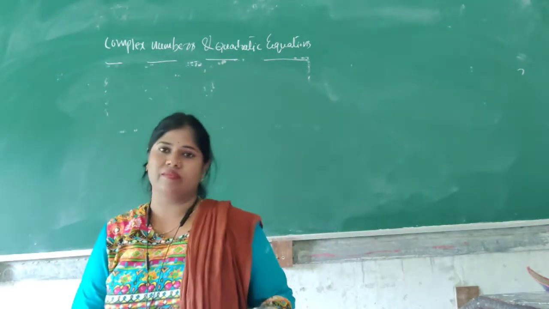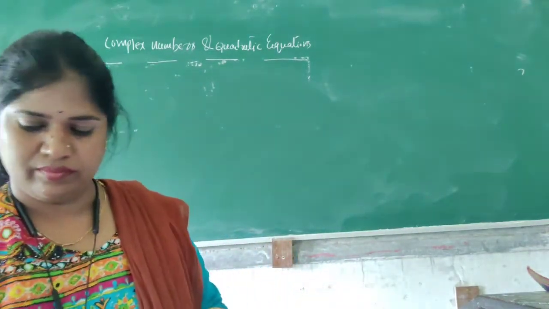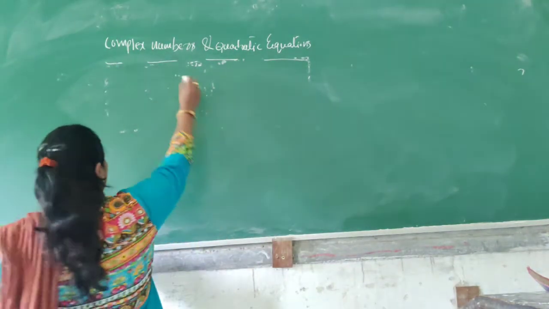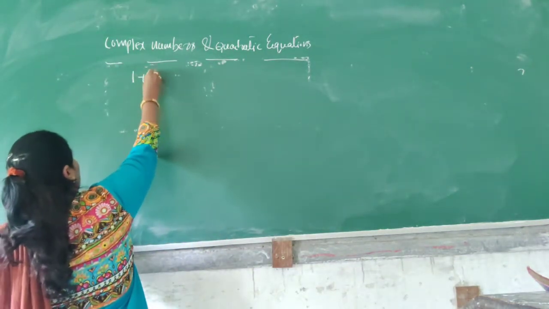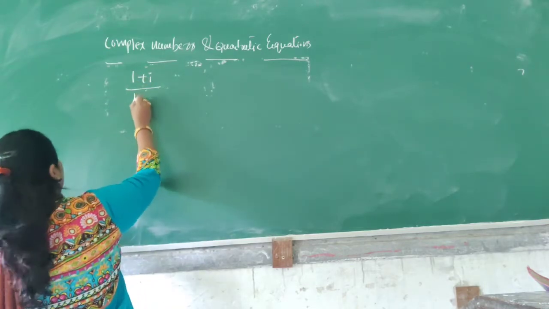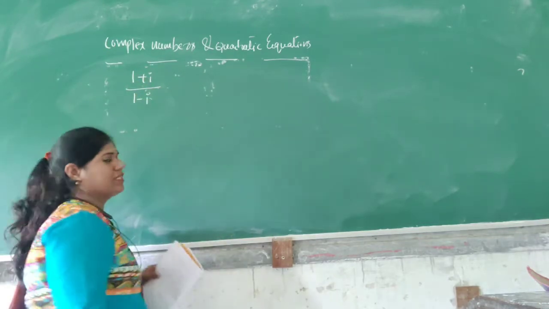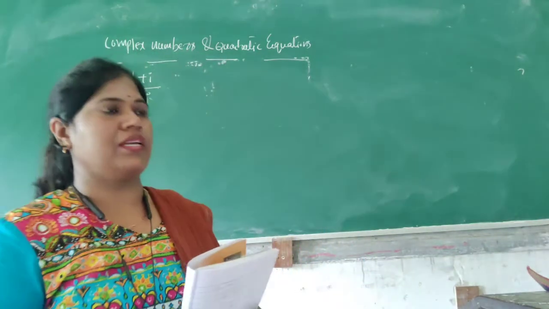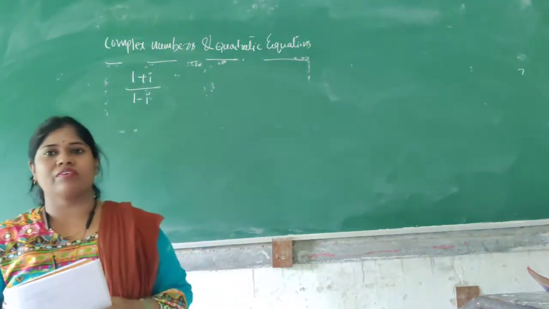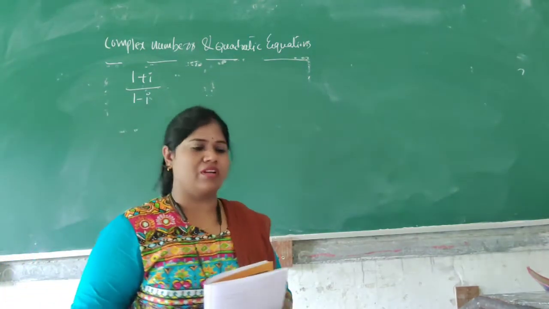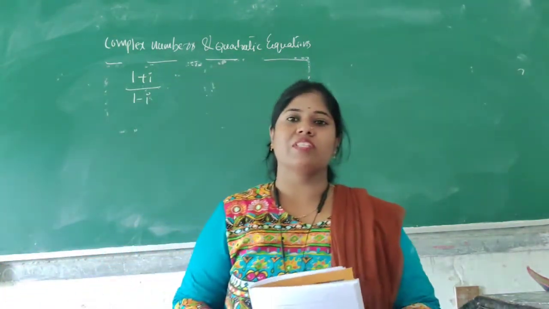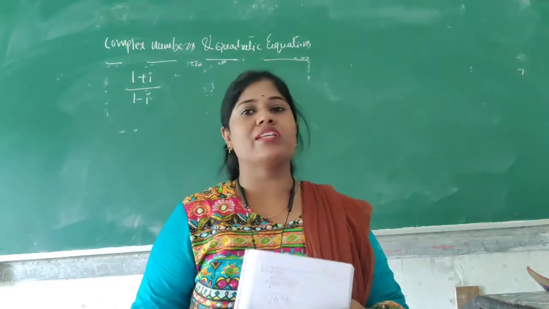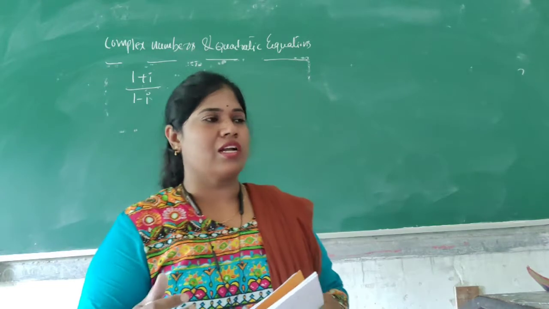The next one is: find the modulus of 1 plus i divided by 1 minus i. So, the modulus of a complex number. What is the modulus of a complex number? Modulus of z is equal to the square root of x square plus y square, and then it is called the modulus of a complex number.